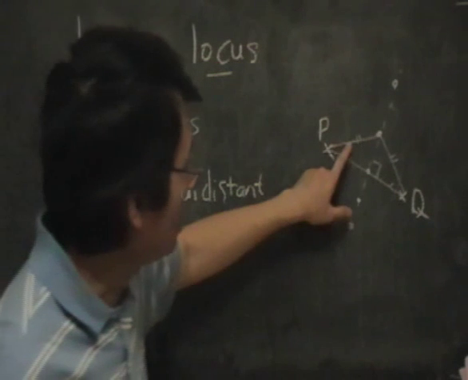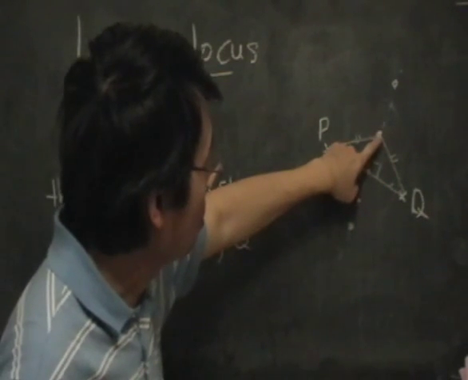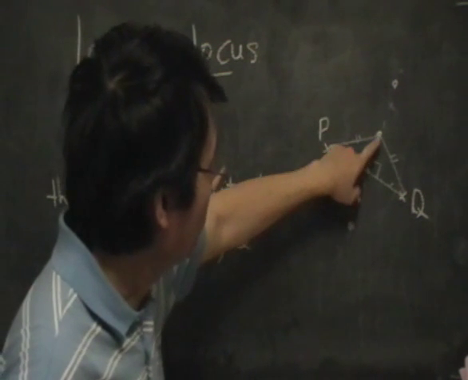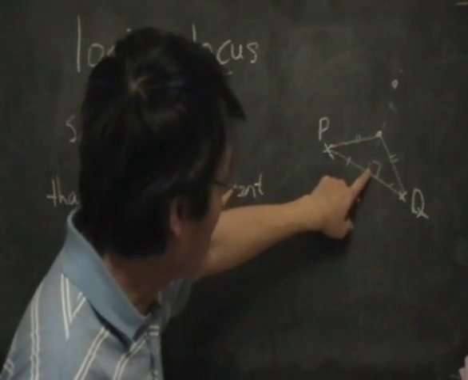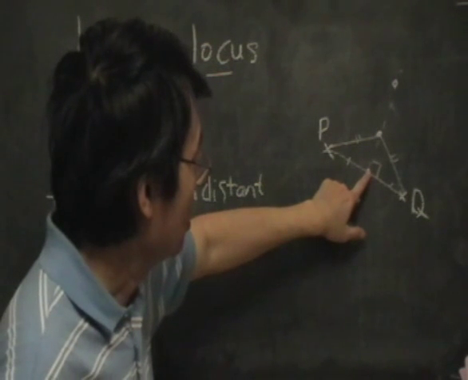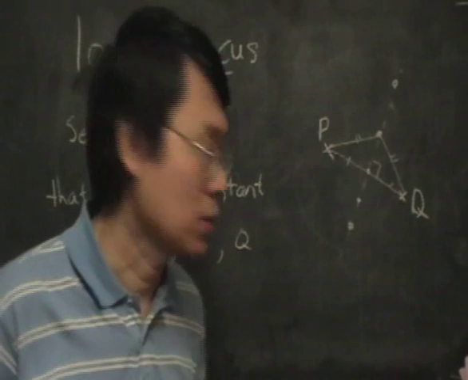Alright, because only an isosceles triangle will produce a perpendicular line to its base that cuts the base into two equal halves.